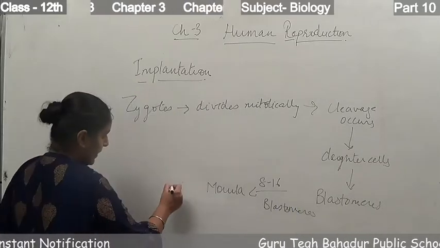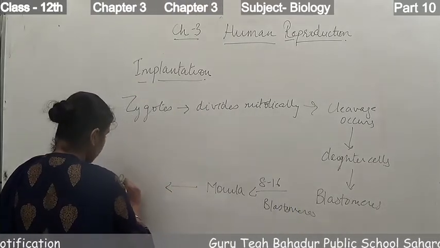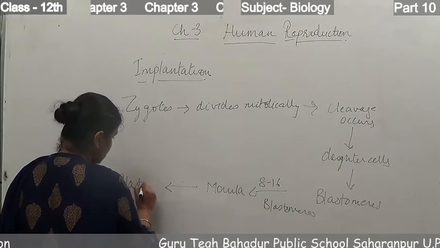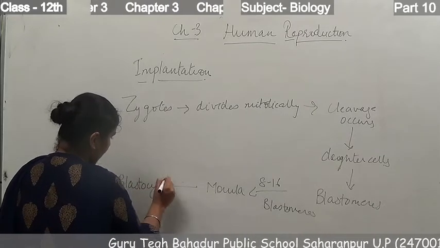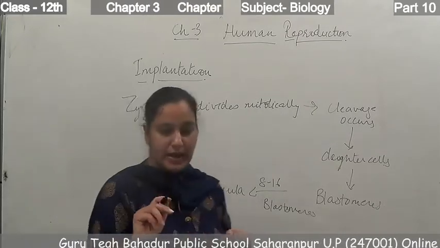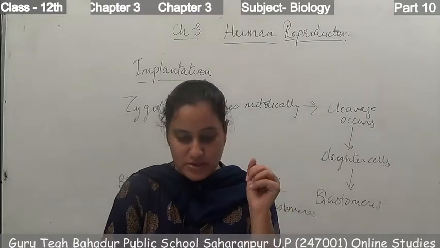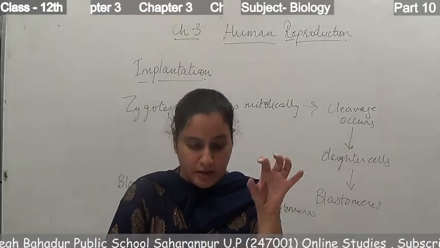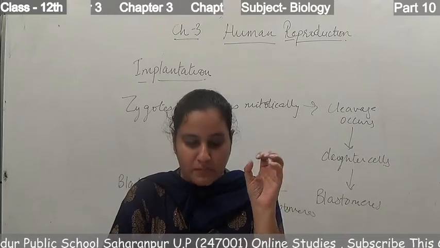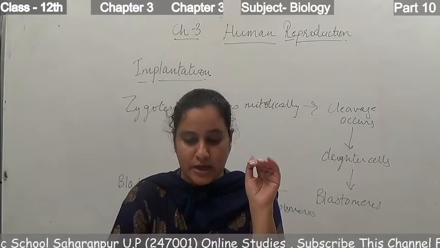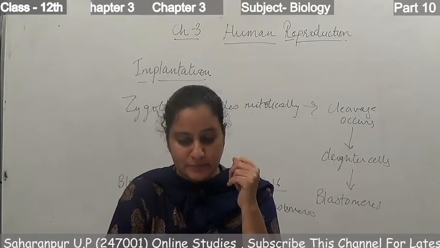This morula keeps dividing and then forms a continuous large mass of cells that is known as the blastocyst, which passes further into the uterus. Now, the blastomeres in the blastocyst are arranged in two layers.